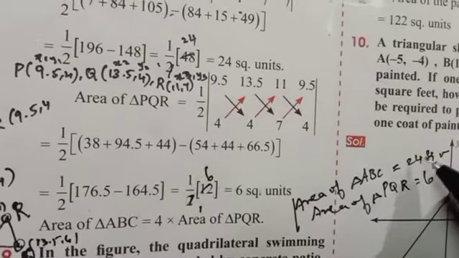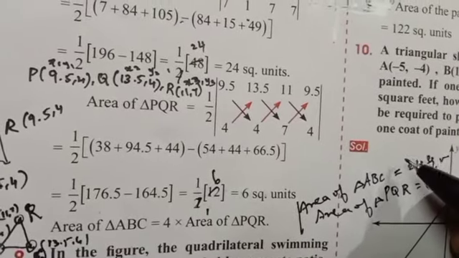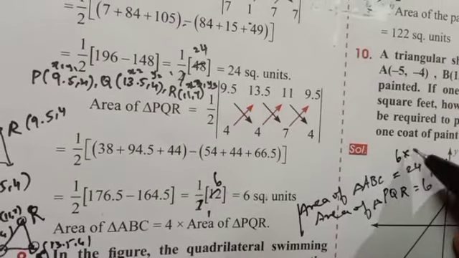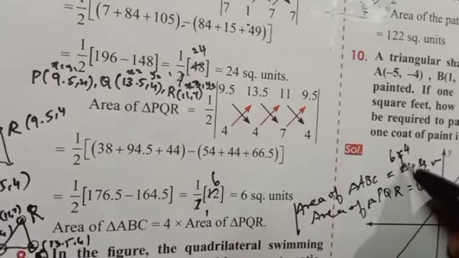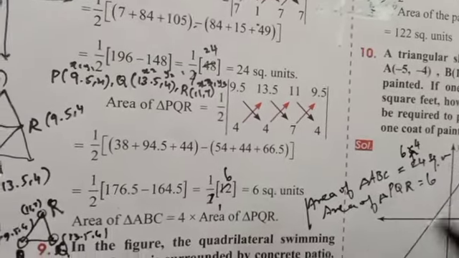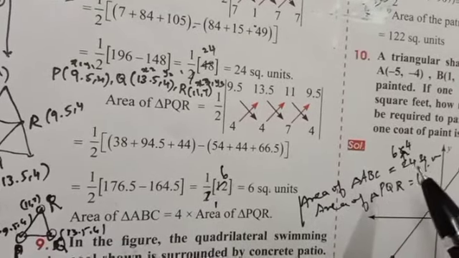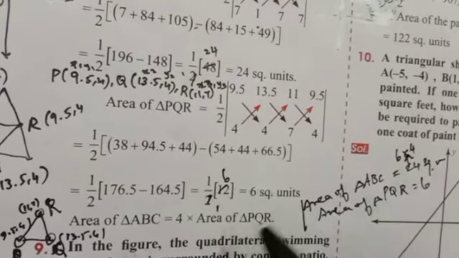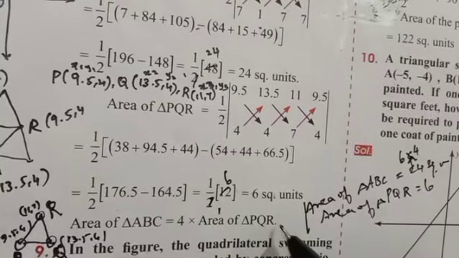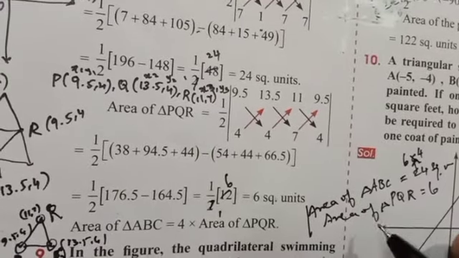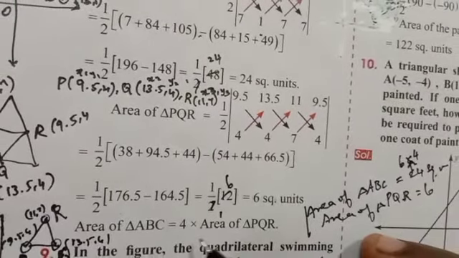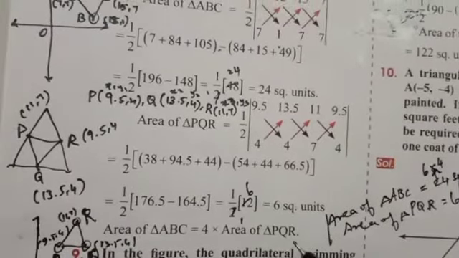So 24 is written as 6 into 4. Because this 6 is the area of triangle PQR, the area of triangle ABC is 4 into the area of triangle PQR.